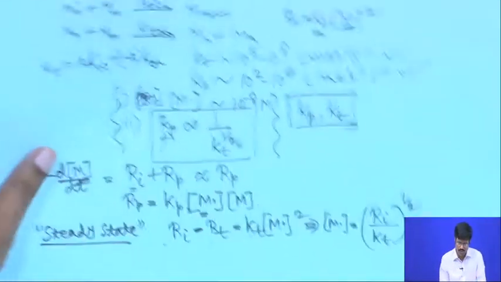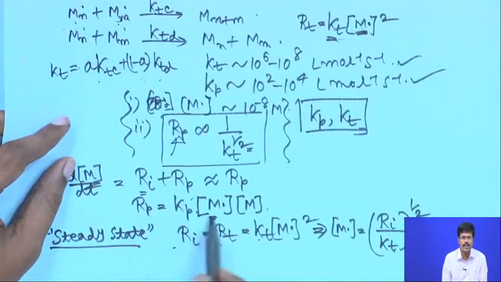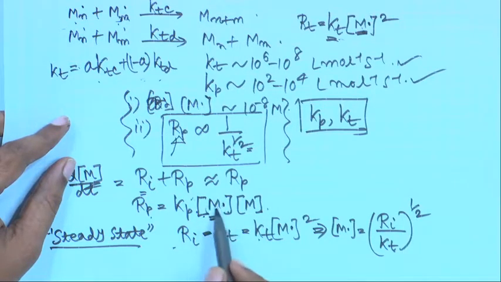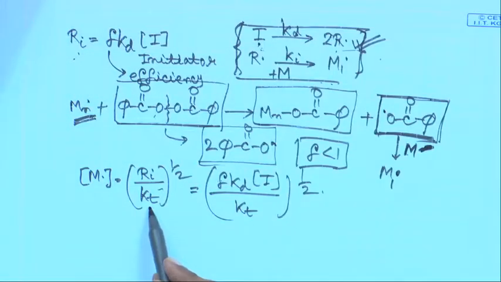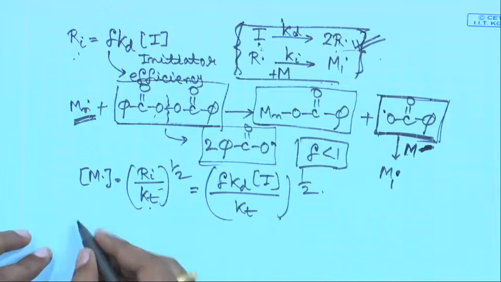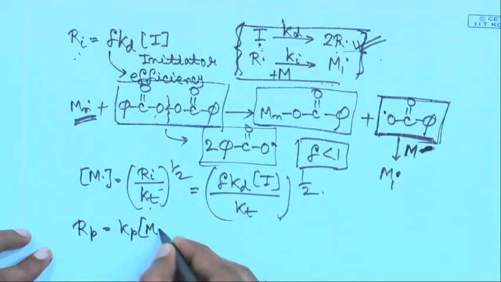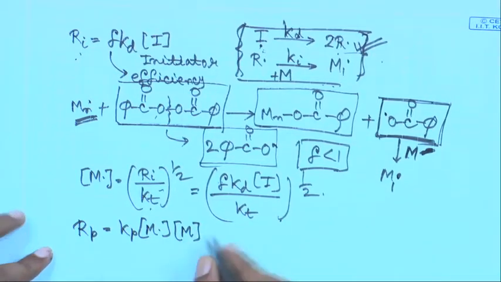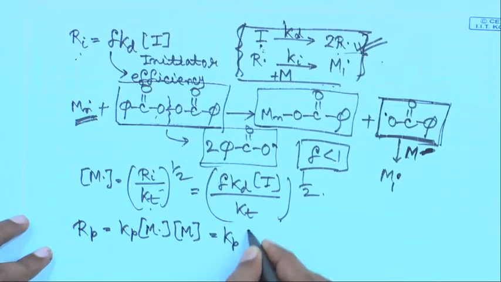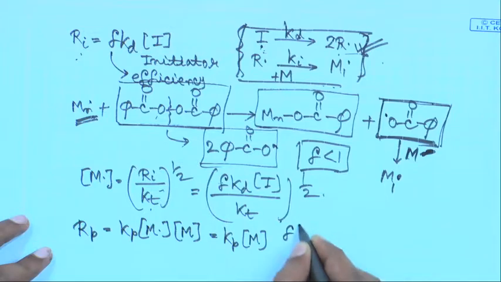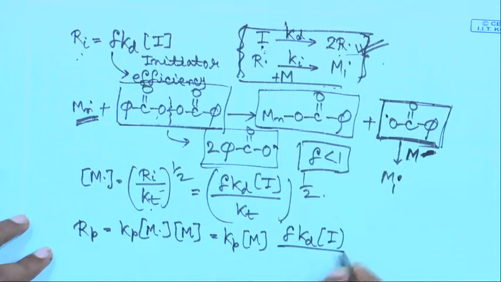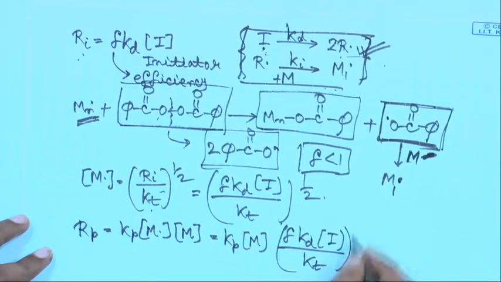Now, previously we have shown the expression Rp equals Kp into m dot into m. We are trying to find an expression for m dot in terms of measurable parameters. So this m dot can be replaced with this, and ultimately your Rp becomes equal to Kp into m into f Kd I divided by Kt to the power half.